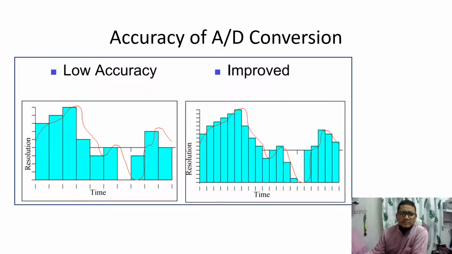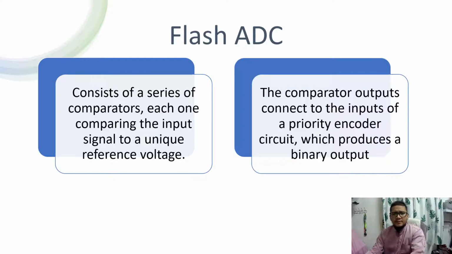If you look at this graph, by increasing the frequency of the sampling rates, our accuracies of ADC become improved. So these resolutions also increase.